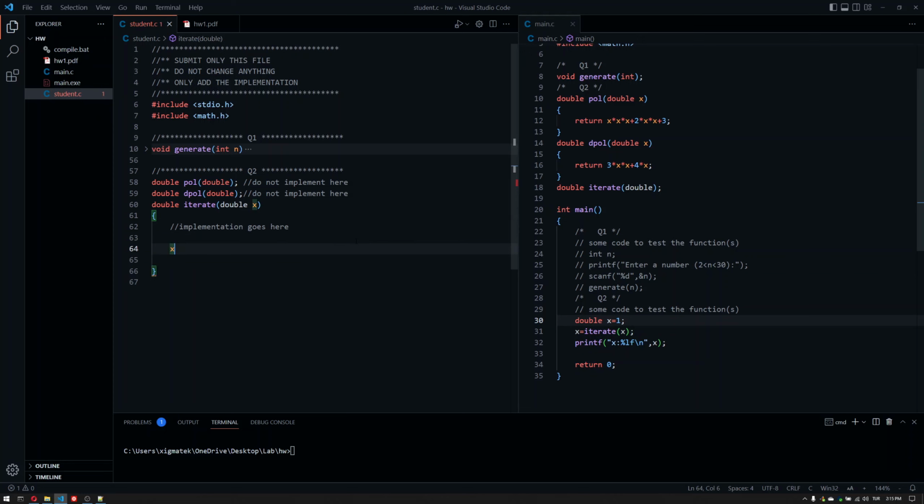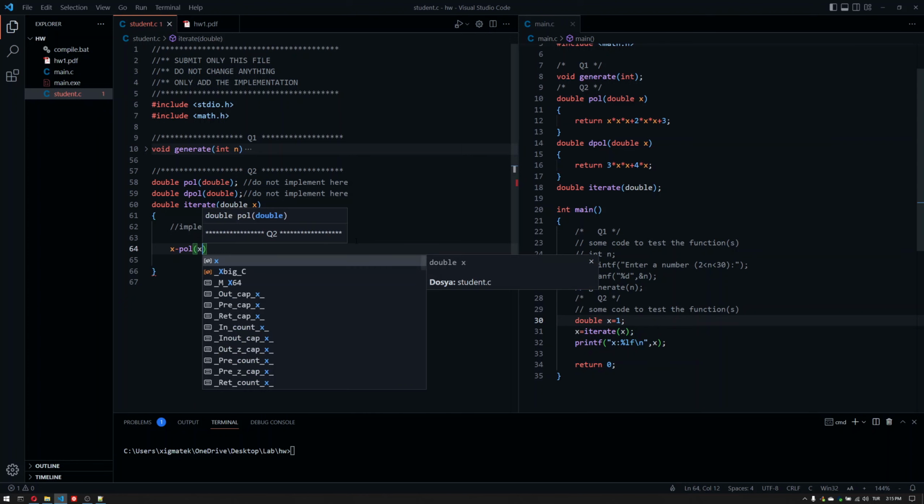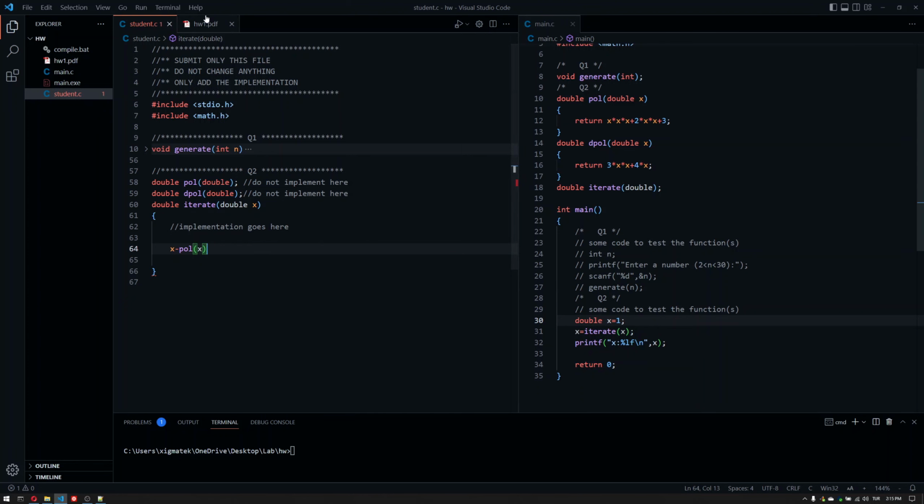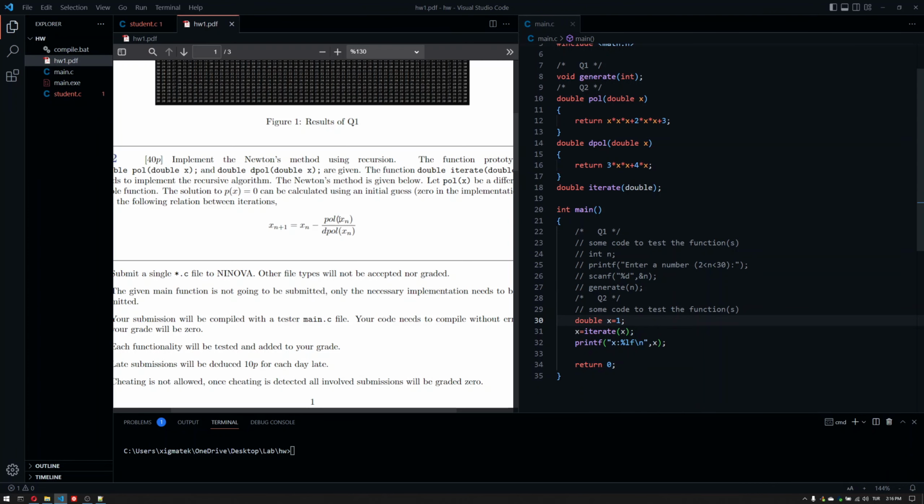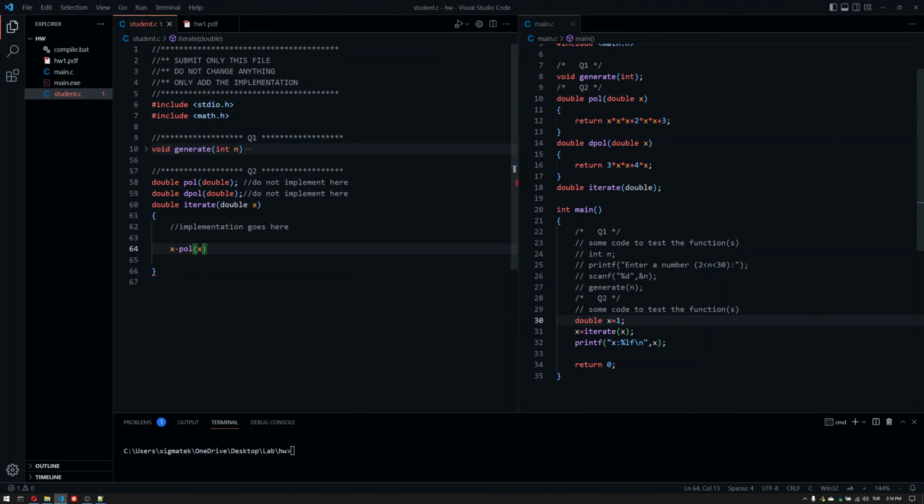We're provided an x, and the way that we will calculate our next value will be polynomial x divided by the derivative polynomial x, because that's the method here.